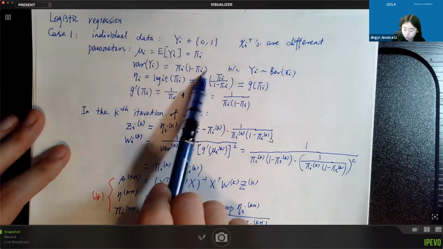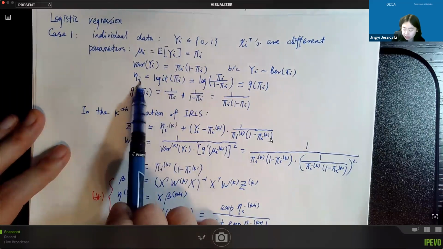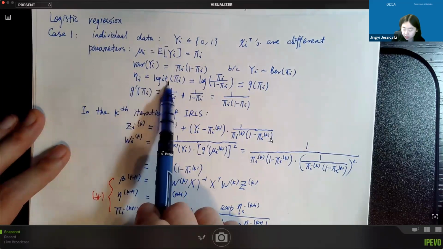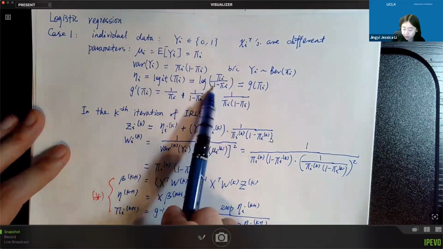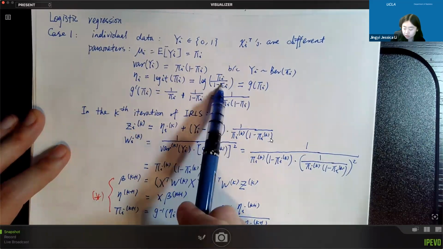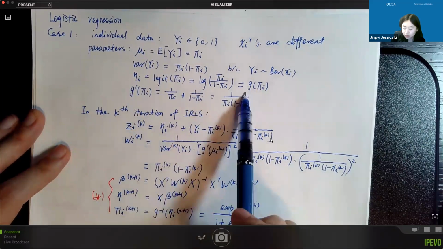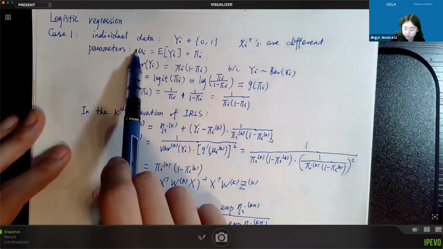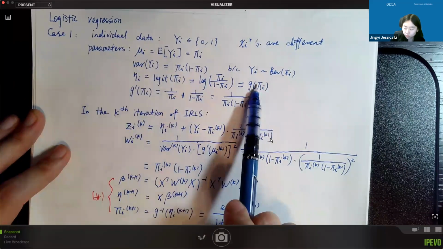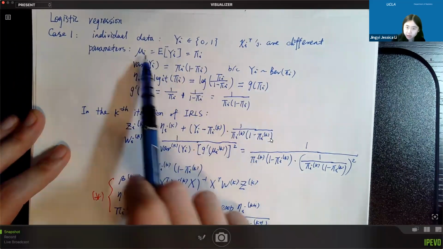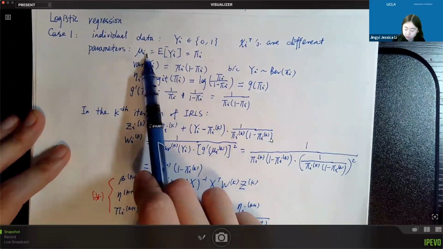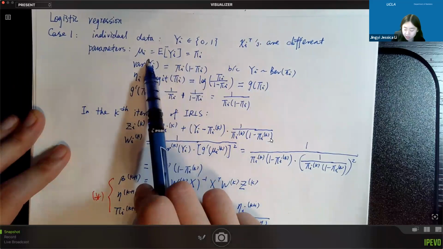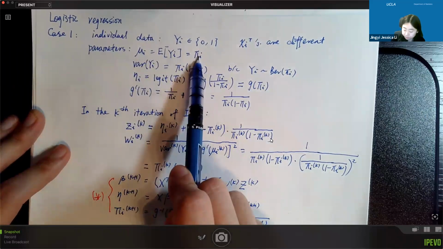And then we have the link function eta i equals logit pi i, which is defined as log of pi i over 1 minus pi i. So we can write this just as a G function of pi i. Here, pi i and mu i are the same thing. So whenever we write mu i, we can write pi i. But the reason we still keep two notations, mu i and pi i, is because for group data, mu i is not equal to pi i anymore.